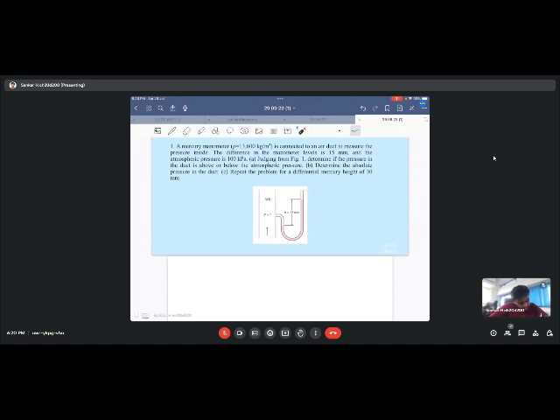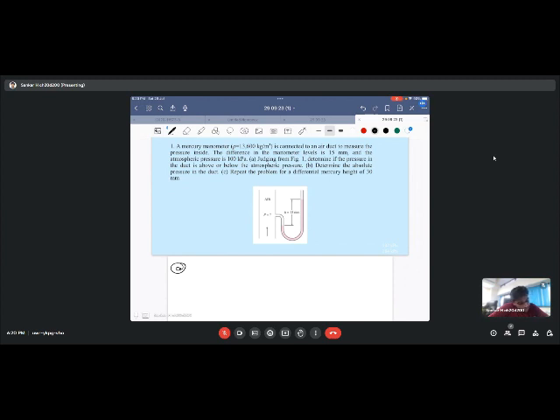So for the first part of the question, just by looking at the figure, we need to figure out whether the pressure in this column is greater than or less than the atmospheric pressure.